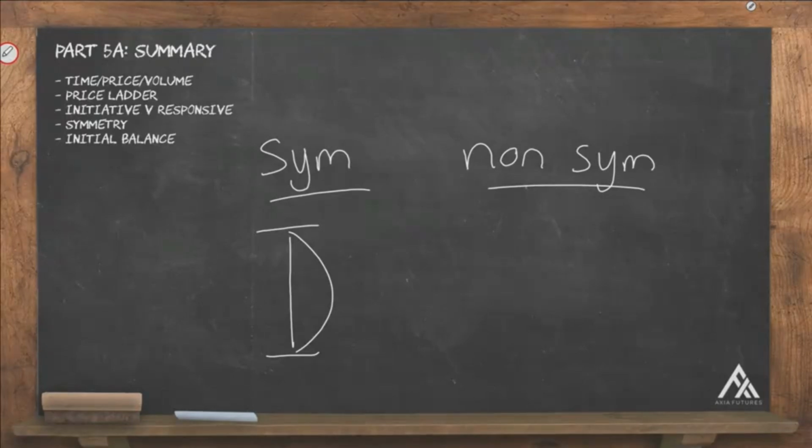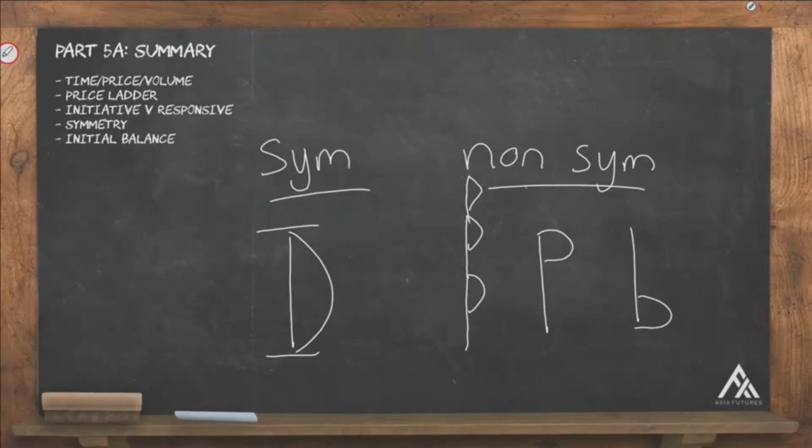Whereas in non-symmetry, we had three types of non-balanced type markets, which were trending markets, which were P profiles, and which were B profiles, both long liquidation and short profit taking. So those are the key symmetrical versus non-symmetrical type pattern plays.